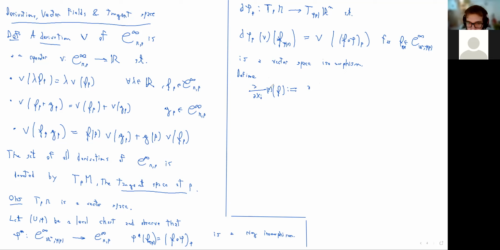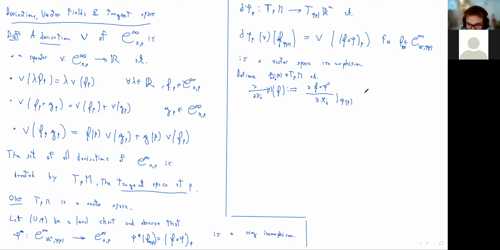This d/dx_j at p is going to be a derivation on T_pM, so I have to tell you how it acts on functions on M. And we take f composed with phi inverse. Now this is a function from an open subset of R^n to R, so we can really take the actual derivative. So this is really the derivative.